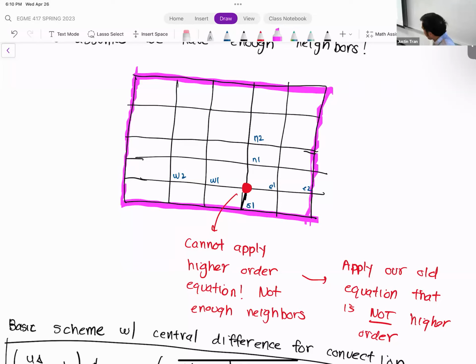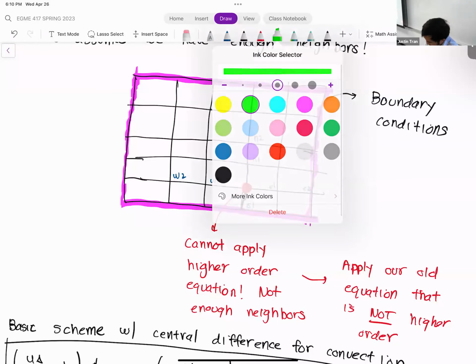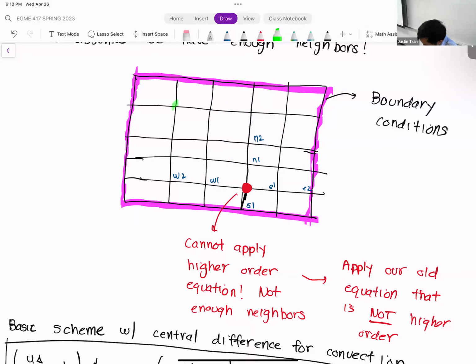So for that outermost ring right there, we're going to apply boundary conditions. Same as before. The next set of nodes is this inner ring right here.